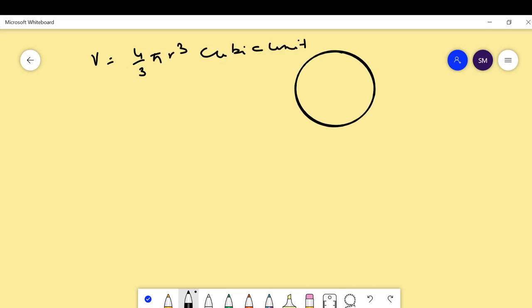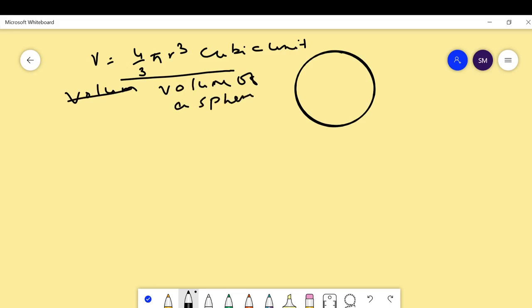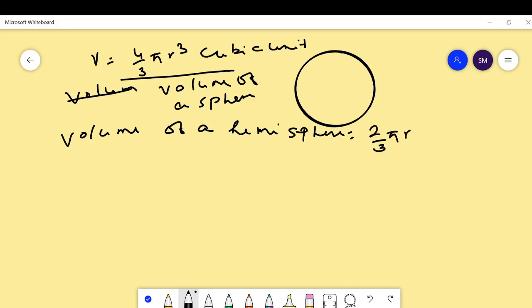Then the volume of a hemisphere is equal to 2 by 3 pi r cube.